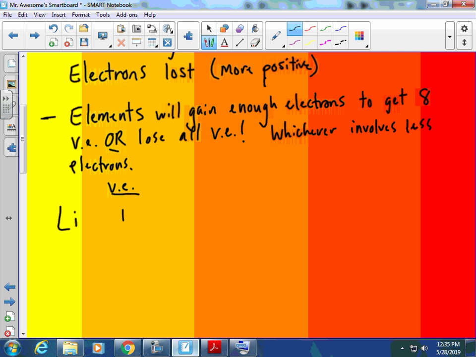So number of valence electrons, it has 1. It says electrons gained, electrons lost, and it says ion formed.